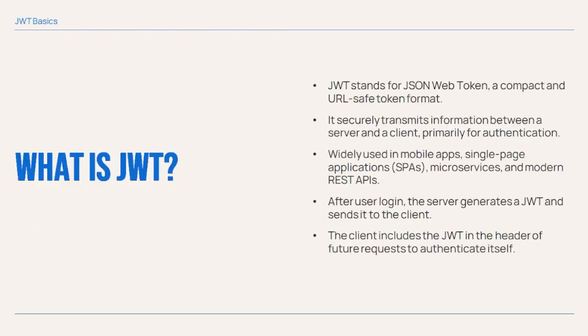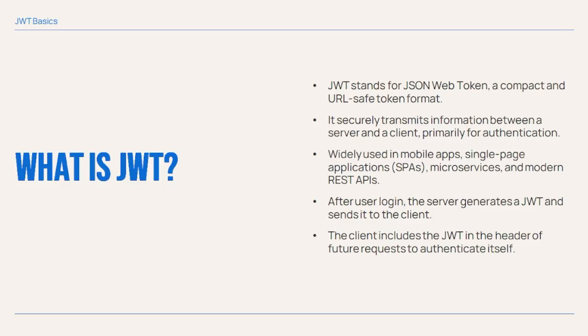The next one is, what is a JWT? JWT stands for JSON Web Token, a compact and URL-safe token format. It securely transmits information between a server and a client, primarily for authentication. It is widely used in mobile apps, single page applications, and extensively in microservices and modern REST APIs.